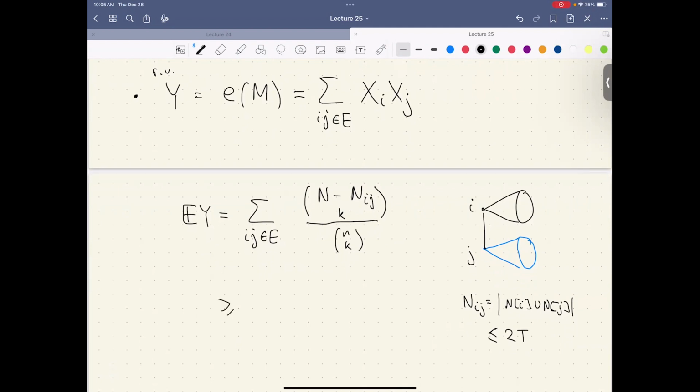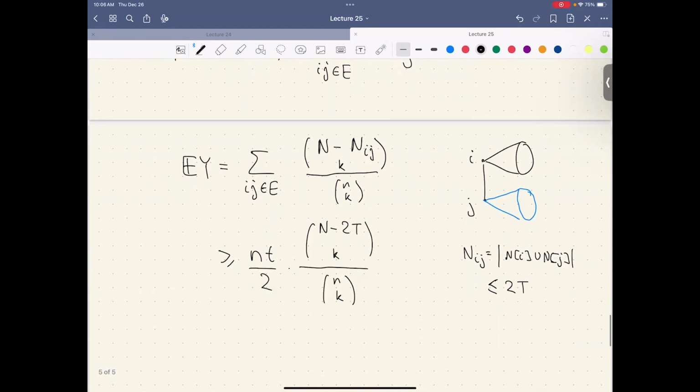So this is at least, we have how many summands? The number of summands is the number of edges, which is n times t over 2, times (m minus 2t choose little k) over (n choose k).